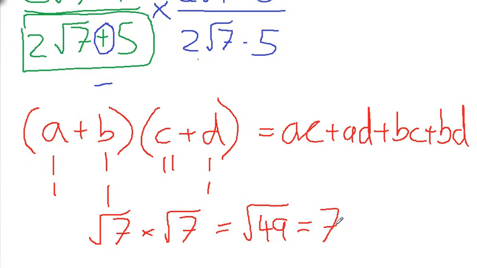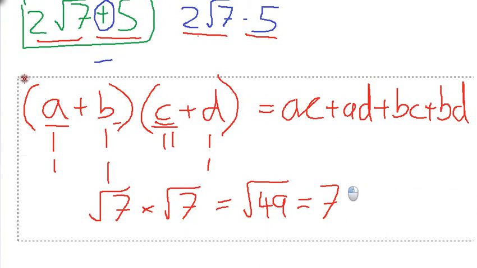So that's going to get rid of the root on the bottom, and then the rest of it is going to cancel out, because A times D is going to be exactly the same as B times C, but in reverse. We're going to get 2 root 7 times minus 5 and 2 root 7 times plus 5. So we're going to get 0 in there. So that's a bit of background for why it works. I hope that was helpful.